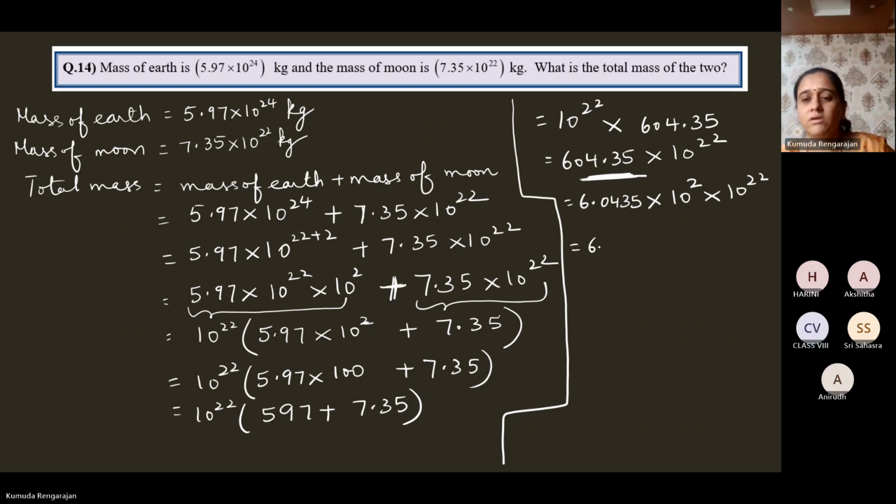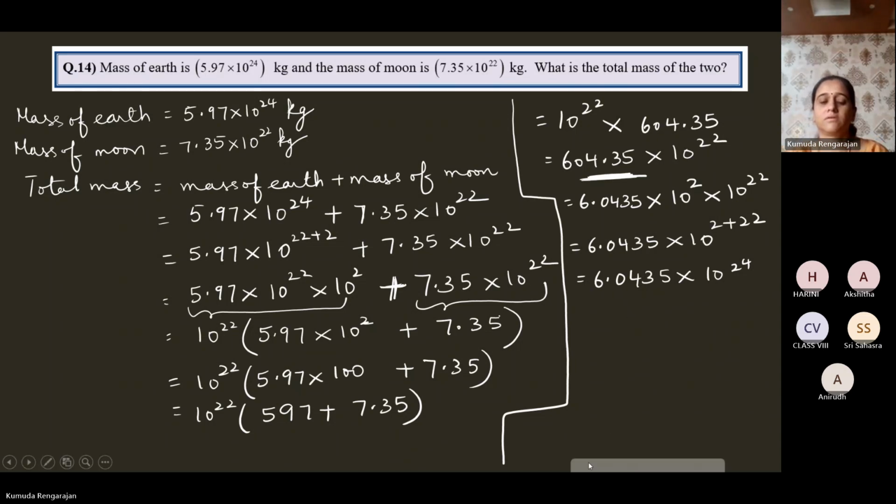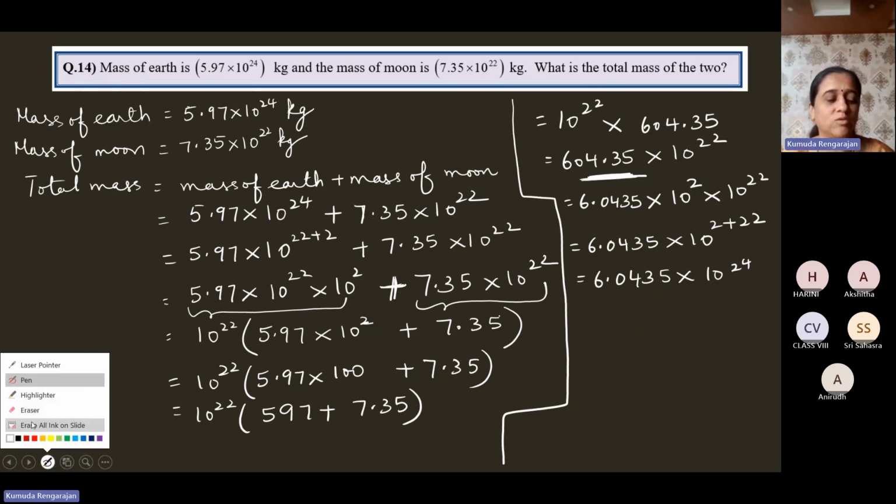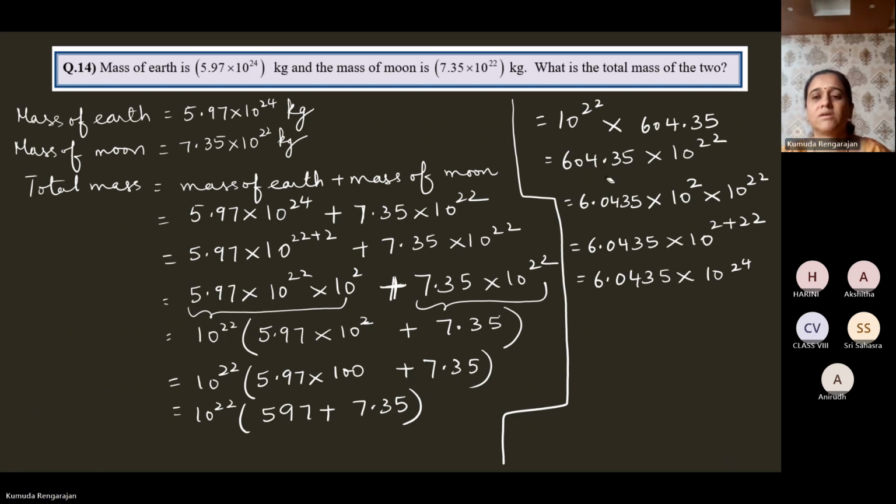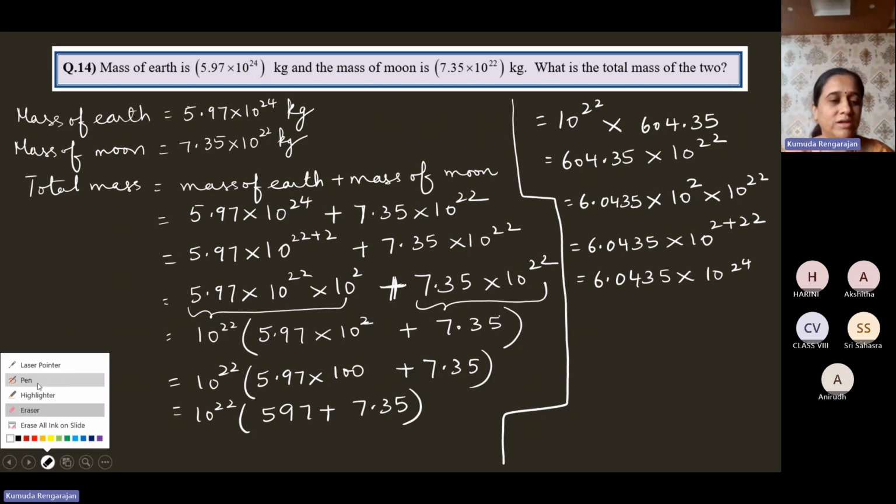Now, bases are same and it's multiplication. So we need to add the powers. 2 plus 22. Yes, ma'am. Correct answer. You just have to practice, Akshita. No problem. You've understood. I don't think you have a doubt anywhere.